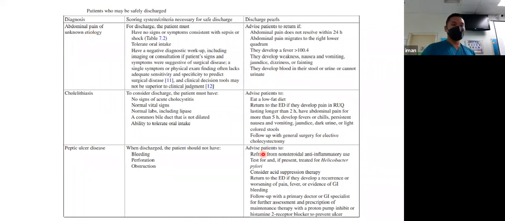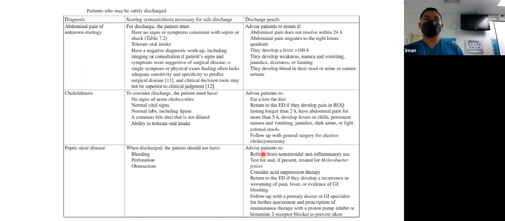For cholelithiasis, if our diagnosis is cholelithiasis, we can consider discharging the patient if there are no signs of acute cholecystitis, vital signs are normal, and labs are normal including lipase. On scan, the common bile duct is not dilated, and the patient can tolerate oral intake well.